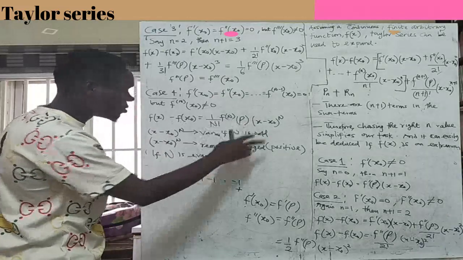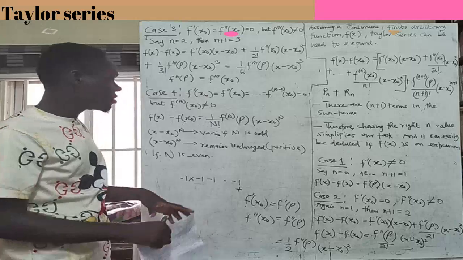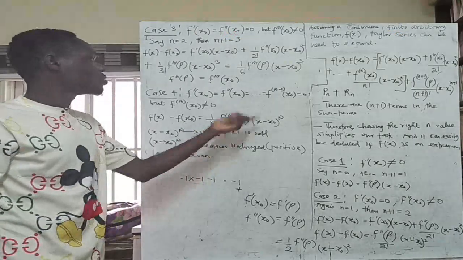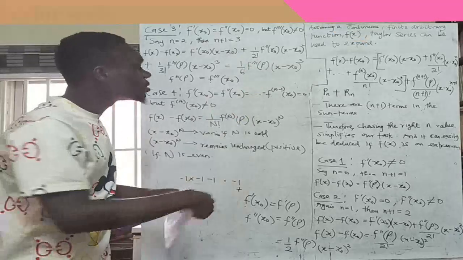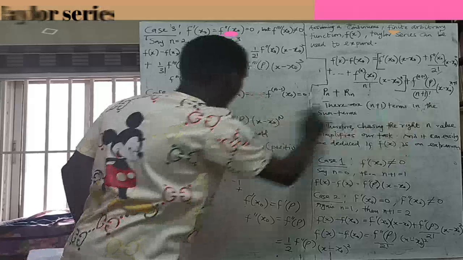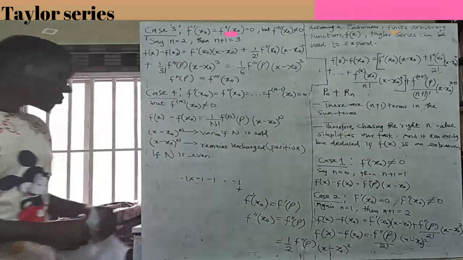I have not shown them, just to save time. We will then only be left with the remainder term, which in this case will just be the nth derivative value, and then this, raised to the power of n.